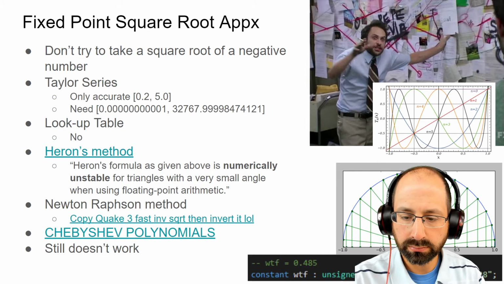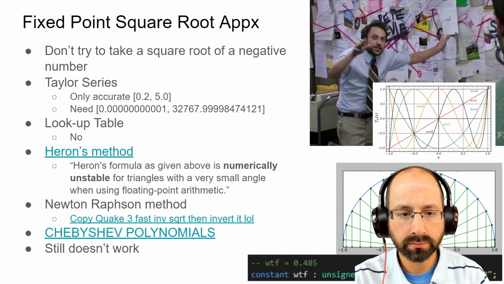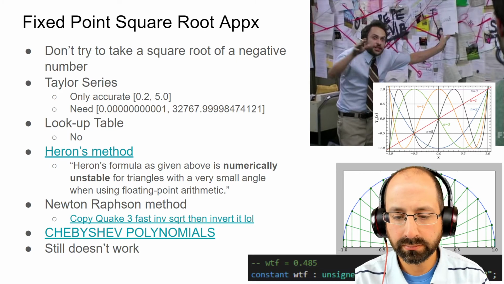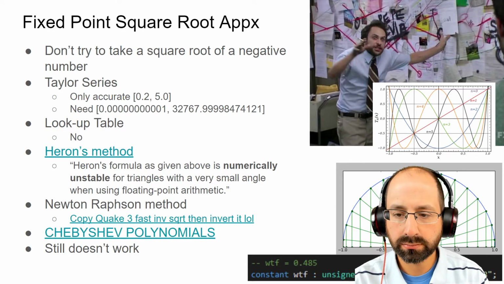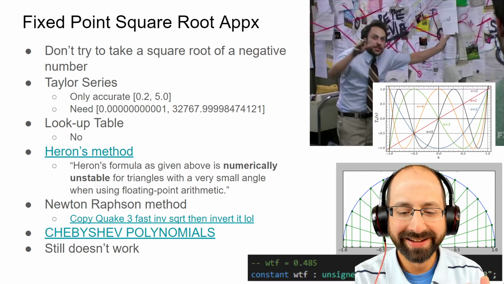I read some paper about something very similar to the Newton-Raphson method, and I just ended up trying to use it to influence an implementation here, but I don't know enough about math to really get it working.